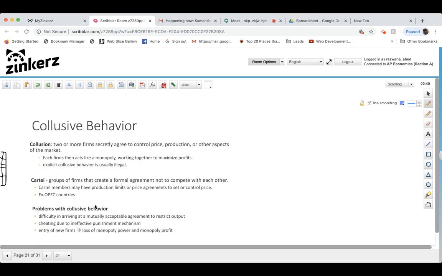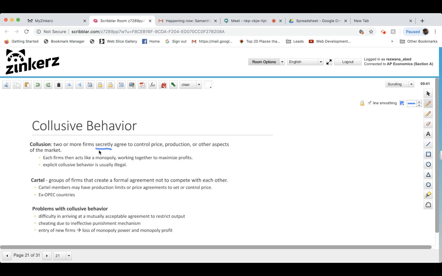I don't really know the mechanism for how they do it, but on the surface they're going to act like they're making decisions independently, they're not colluding, but on the inside, they're going to meet secretly and tell each other, this is how much you should produce, this is how much I will produce. They can set price, they can decide how much they're going to produce, and that way they can actually act like a monopoly.